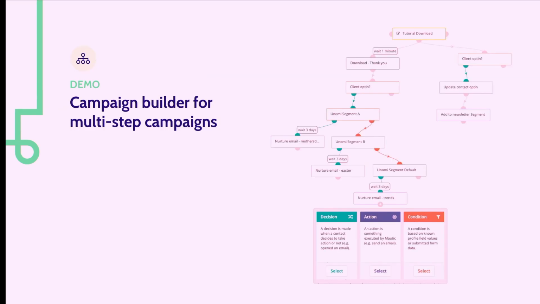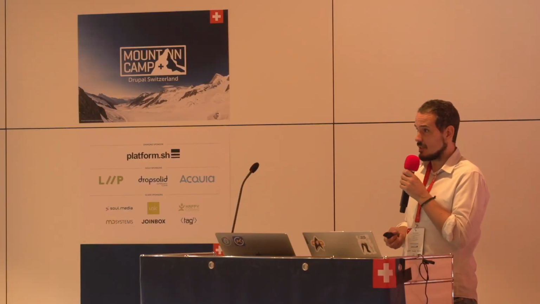Then I think the most powerful feature in Mautic is the multi-step campaign builder. It allows you to do drip campaigns or push users through a certain journey based on a certain path that you put in there.